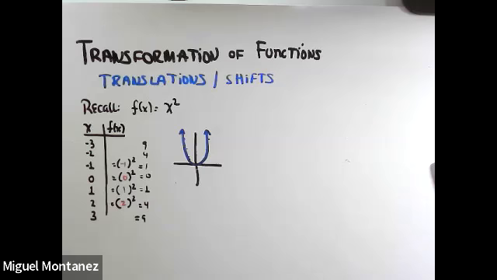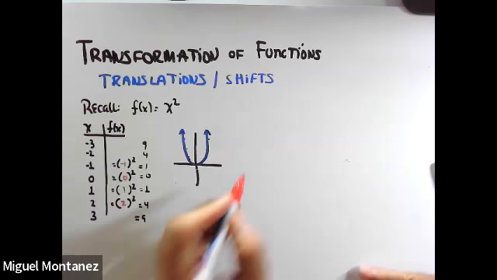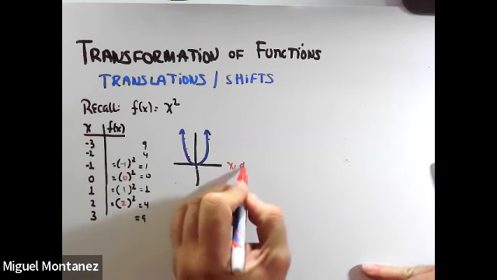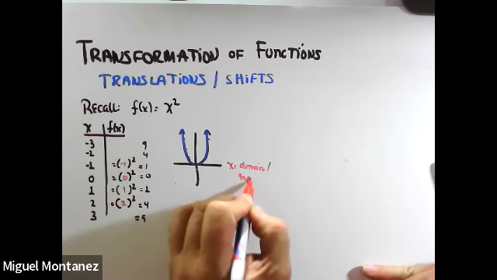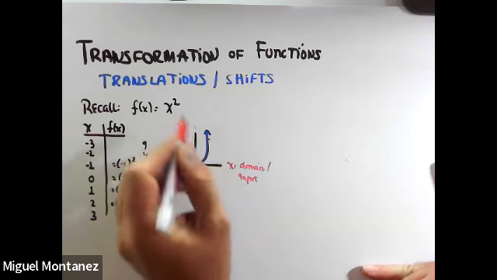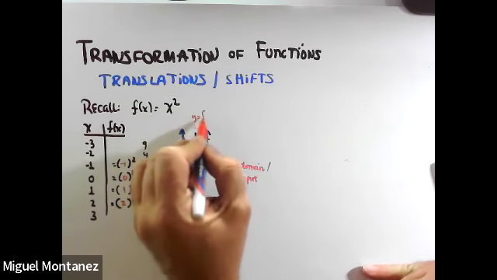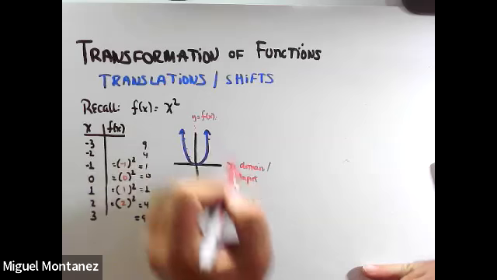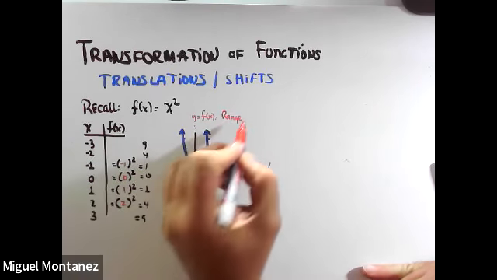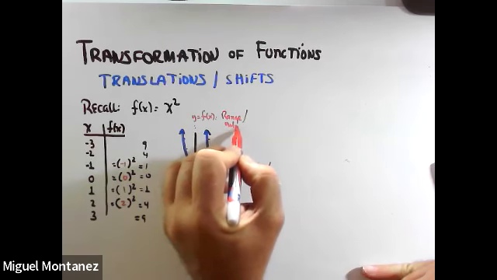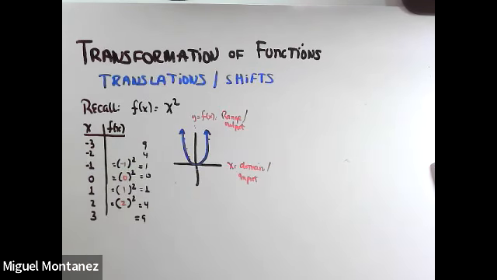So, of course, back to basics: the x represents the domain or the input. The y represents f of x, which is the range of the function or the output. No big deal.